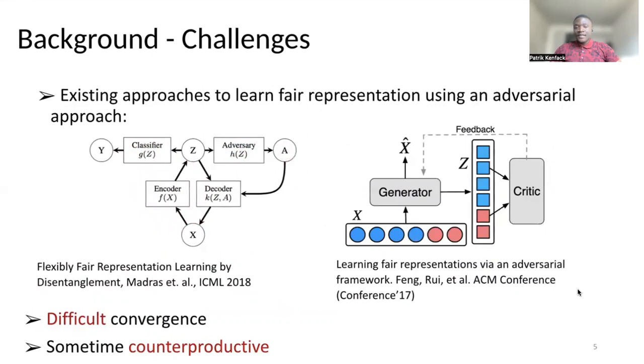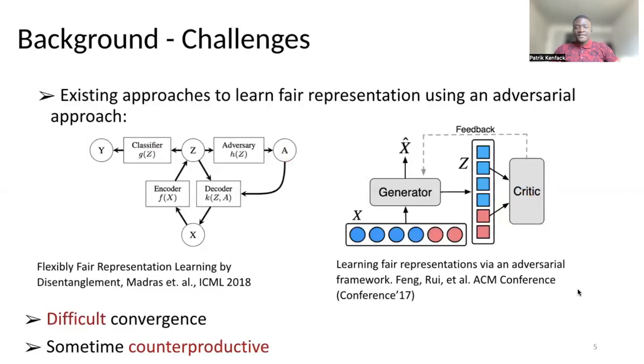The idea is that if this adversary cannot predict the sensitive attribute from latent codes produced by the autoencoder or the encoder and the classifier, therefore, we can say this latent space does not encode such information. Similar in this other work, where the adversary is called here the critic.